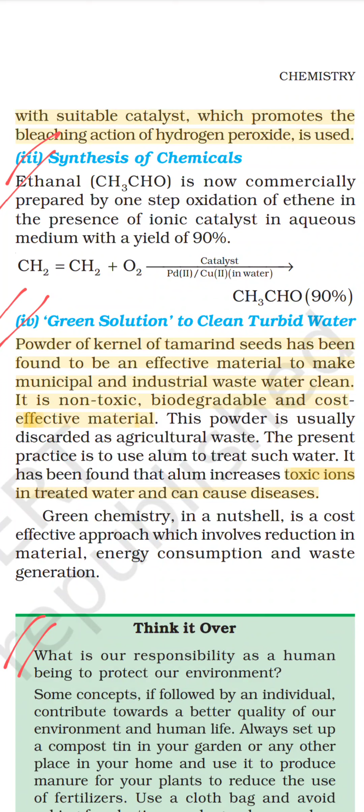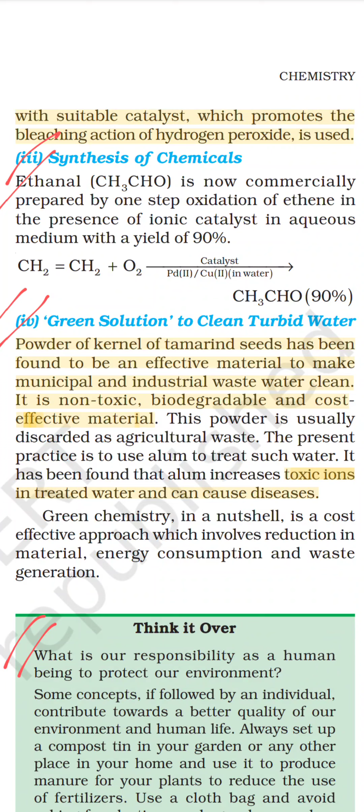Next, green solution to clean turbid water. Powder of kernel of tamarind seeds has been found to be an effective material to make municipal and industrial waste water clean. It is non-toxic, biodegradable and cost-effective material.